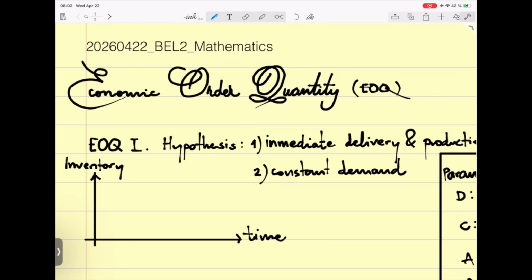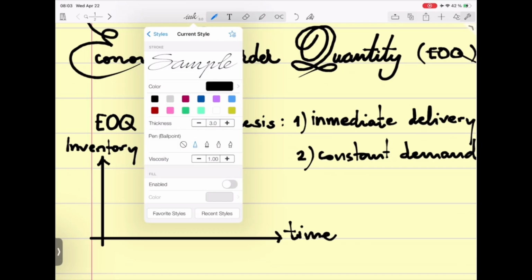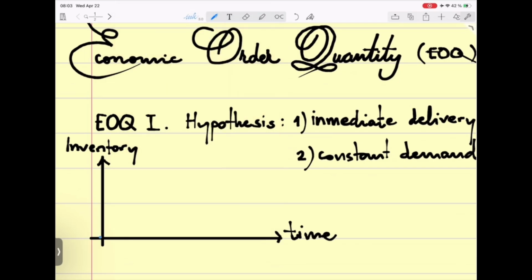Okay, and we start with our inventory in 0, in time equals 0, and because we have immediate delivery of some quantity, we can say that in time 0 we have some order quantity, some quantity ordered, okay, that we are going to call Q, and this is our order quantity, Q.